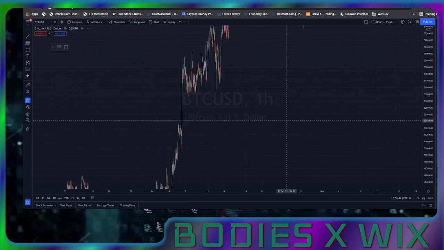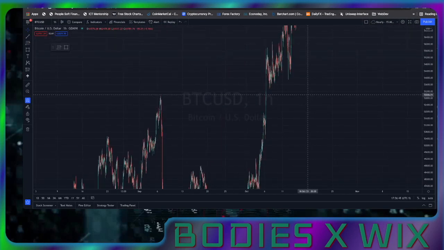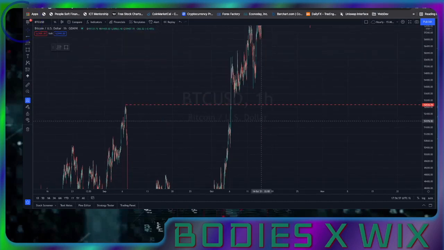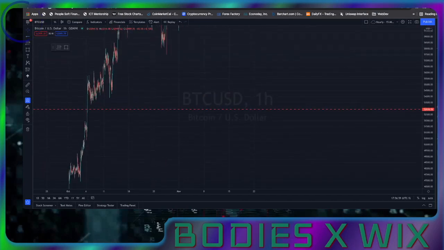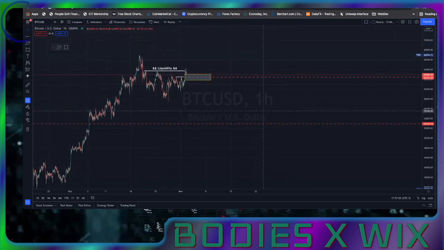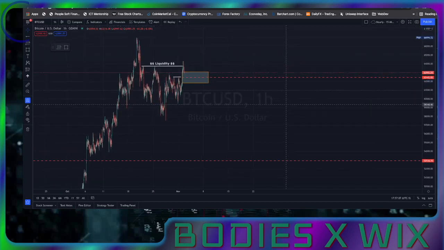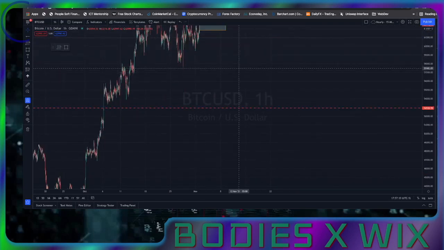What I'm afraid of is, well, you do have kind of this breaker right here. This is what I would possibly be looking for as the furthest it would ever come back, and that's 52. So that's about an 11,000 drop, but I think it would take some time to get there.